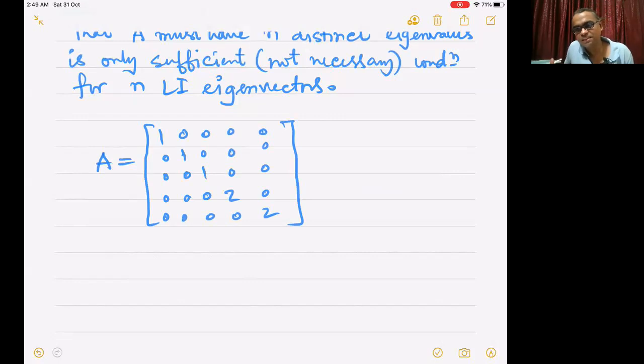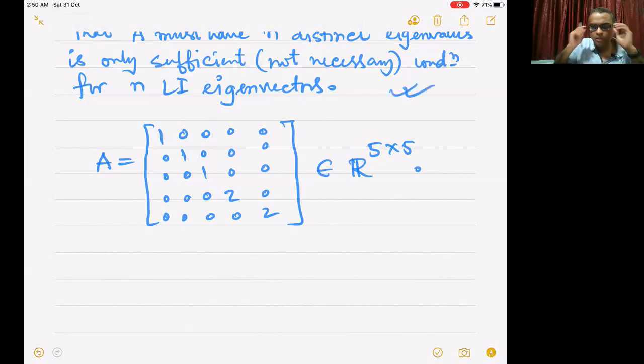E1, E2, E3 are its eigenvectors. Does it have distinct eigenvalues? No, the matrix has size 5, so this is a 5 cross 5 matrix. So it doesn't have 5 distinct eigenvalues, it has only 2 distinct eigenvalues, but still it is diagonalizable. So this condition of having distinct eigenvalues is not necessary, right?